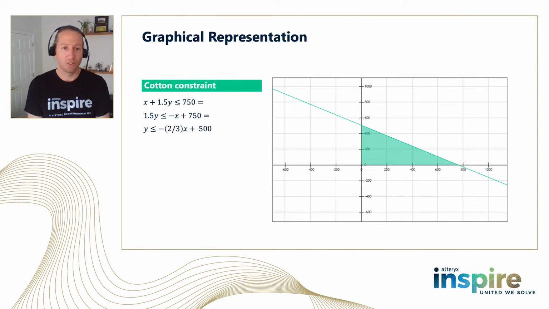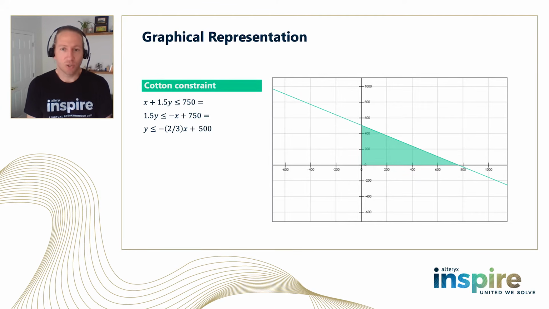So we can now graph that. The y-intercept is 500. So if you look on the vertical line, we cross that y-axis at 500. And then our slope is negative 2/3. And then whatever value we plug in for x, we obviously then know the value for y.